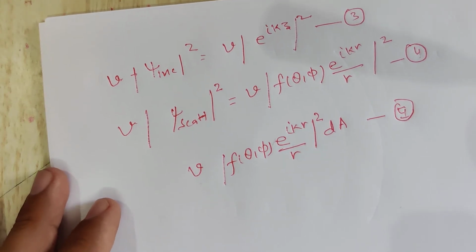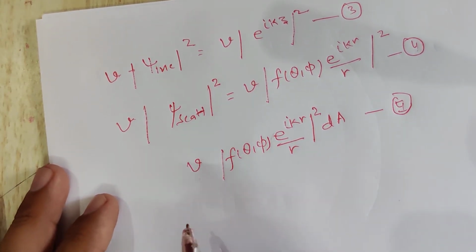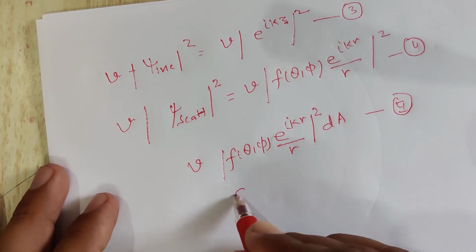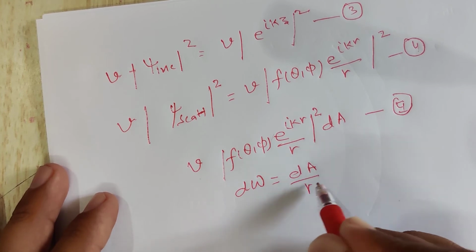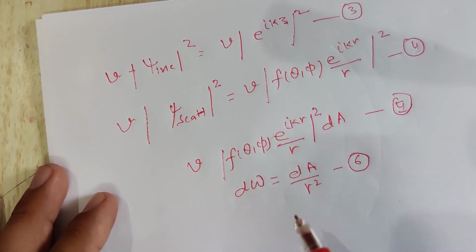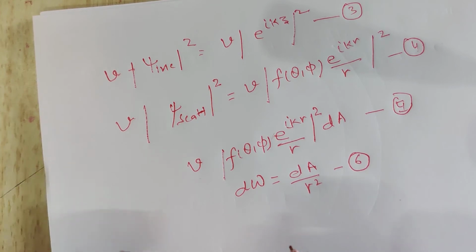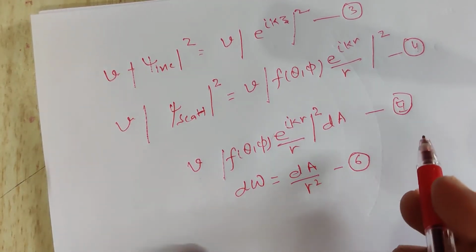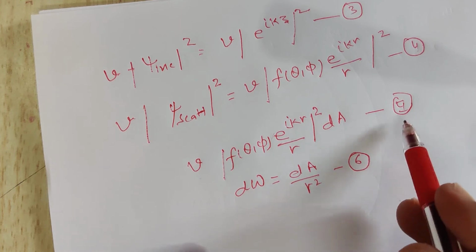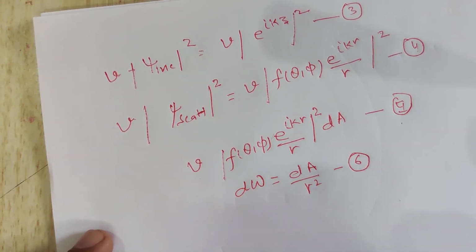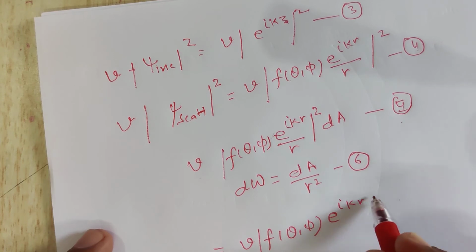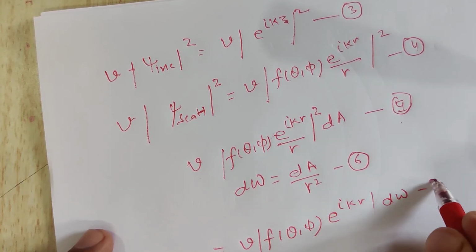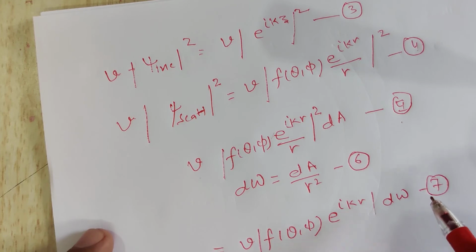Since the solid angle subtended by the detector at the scattering center is given by d omega equals dA upon r square, this is equation number 6. From equation 5, the number of particles crossing the area dA per second is given by V |f(theta, phi) exponential iota kr| square d omega. This is represented by equation number 7.